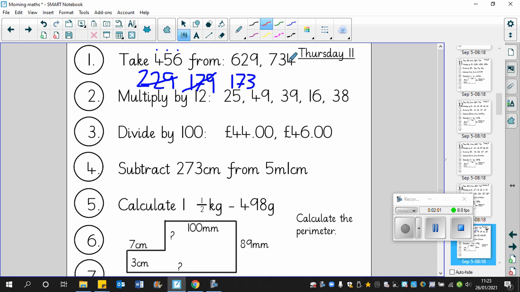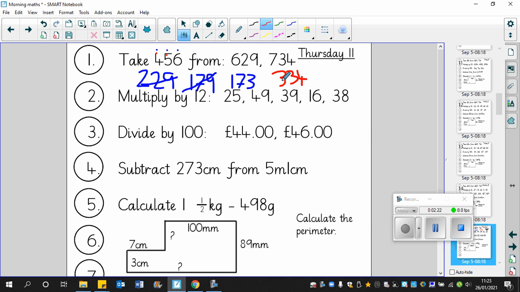Right, 734 then. Okay, so 700 take away 400 is now 300. So 334. So on your whiteboards you can write down 334. Then we're going to take away the 50. So 334 take away 50.